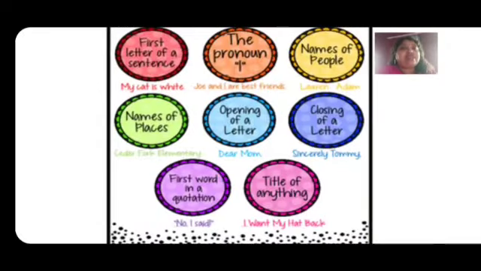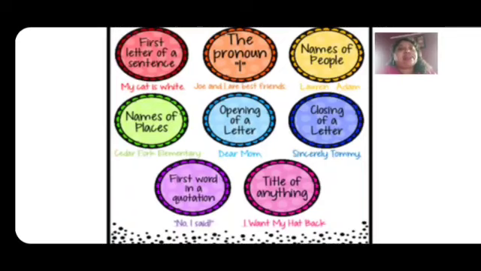First letter of a sentence. Look at the example. My cat is white. So M is in capital letter. The pronoun I. Joe and I are best friends. The next one. Names of people. Lauren, Adam. L and A in capital letter. Names of places. Cedar Folk Elementary.